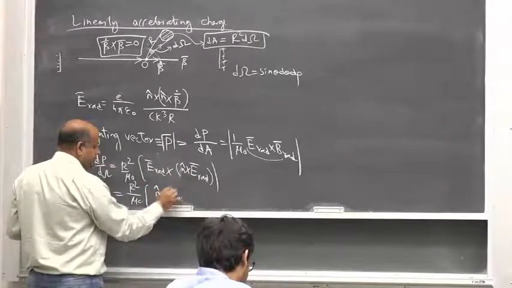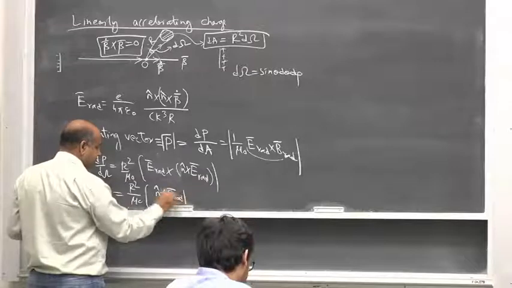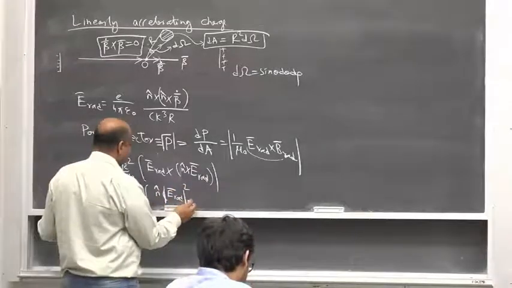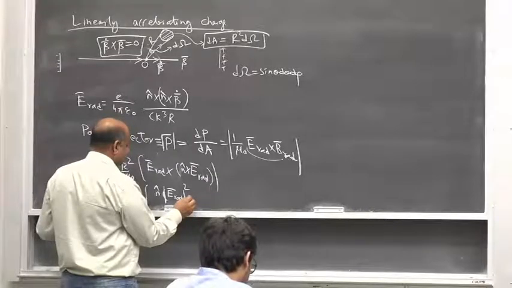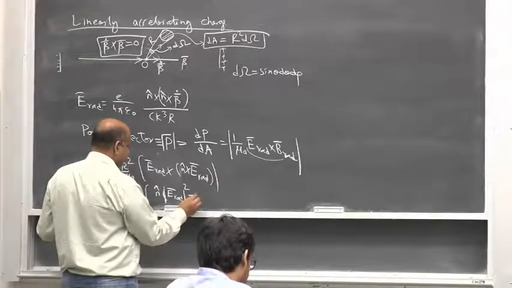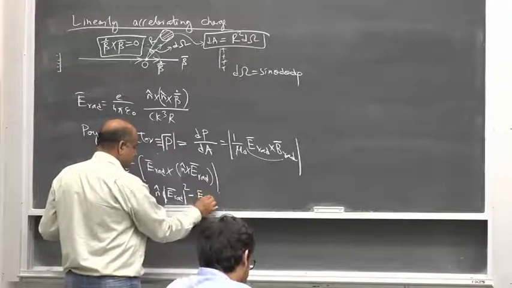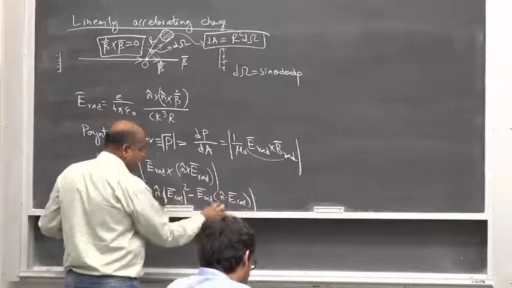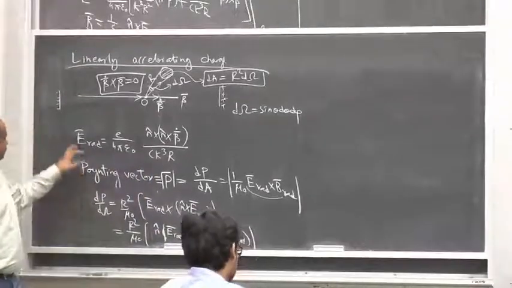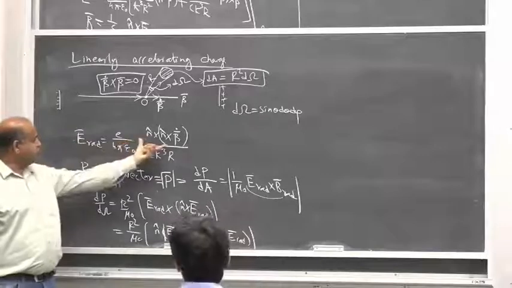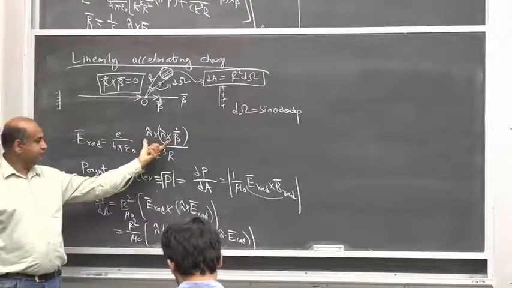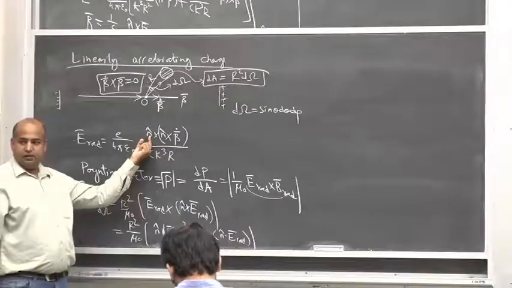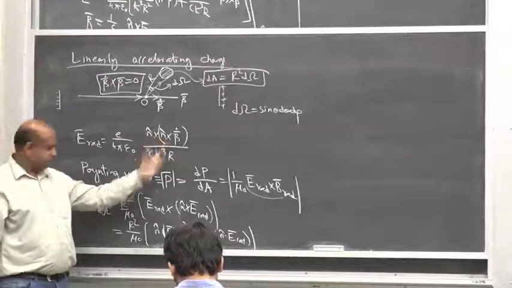So this becomes E rad dot E rad, which is E mod square, and the other term is minus E rad into n dot E rad. But this will be zero, right? Because if you take n dot with this, this vector is perpendicular to n. Whatever this is, n cross this, so this vector is perpendicular to n. If you take its dot with n, the answer will be zero.